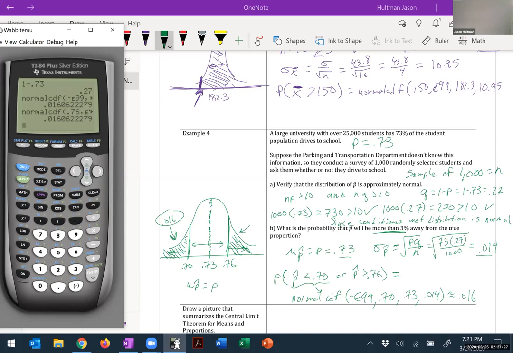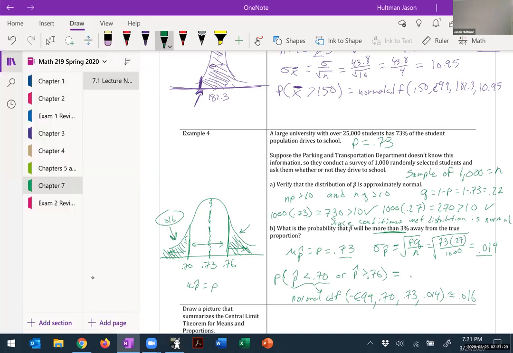So this would be 0.016 plus 0.016, which is equal to 0.032. So that would be the probability that I would be 3% away from the true proportion. Or I could just multiply 2 times that number, because of symmetry, they're the same.